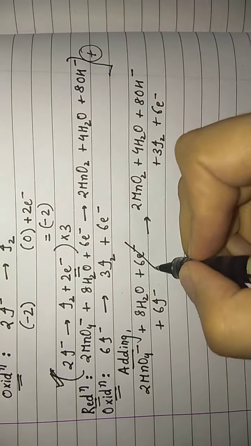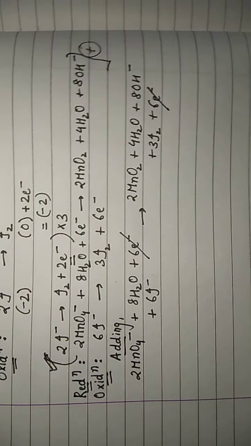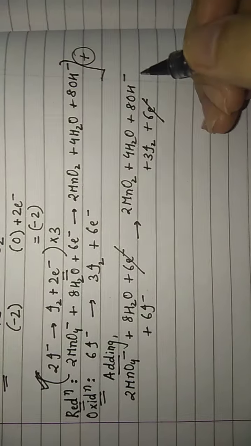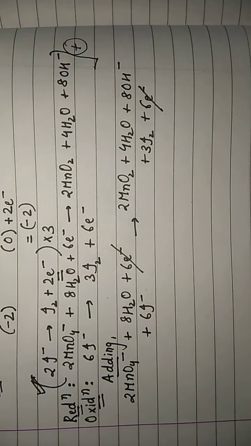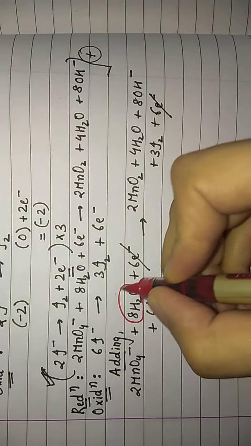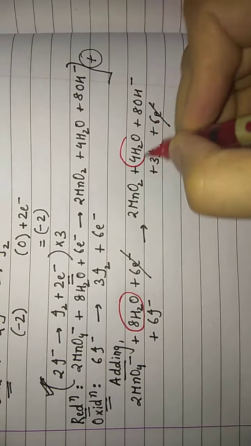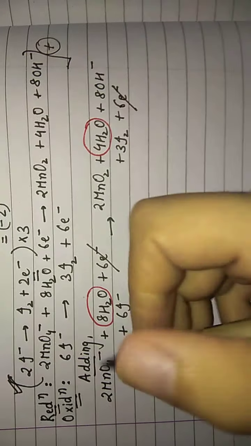All right, 6 electrons on the left hand side and on the right hand side cancel out. Okay, now what is common? 8H2O on the left and 4H2O on the right. So this 4H2O can be brought to the left and subtracted from 8H2O.